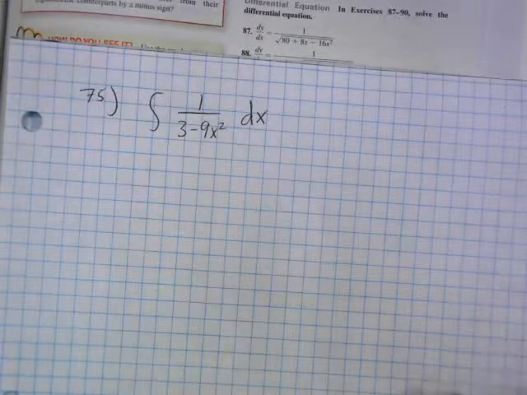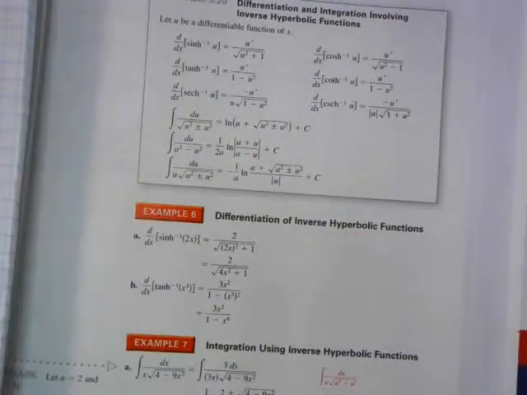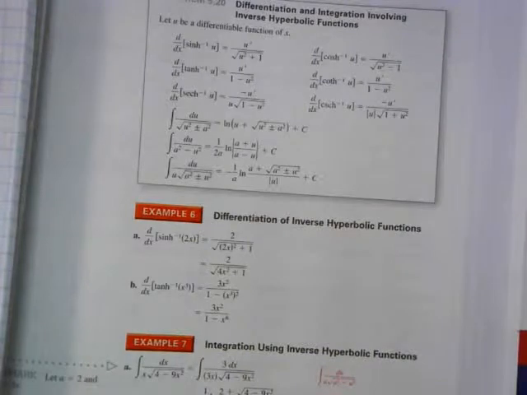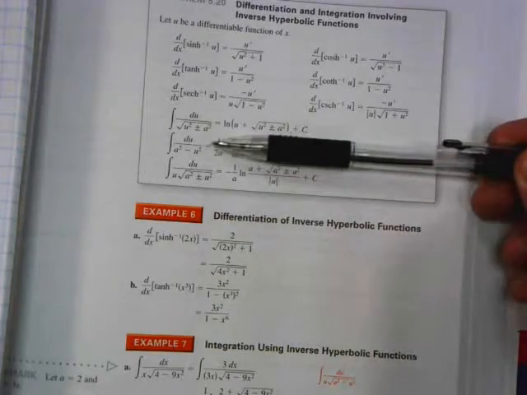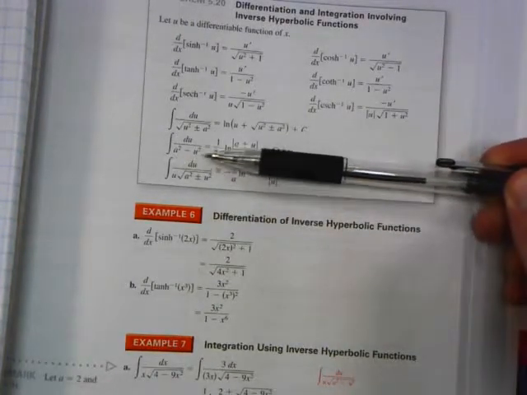All right, so you flip back and you try to figure out which pattern it best matches. Basically, we have 3 patterns, 1, 2, 3. Which one is it closest to? Looks like the second one, a squared minus u squared.